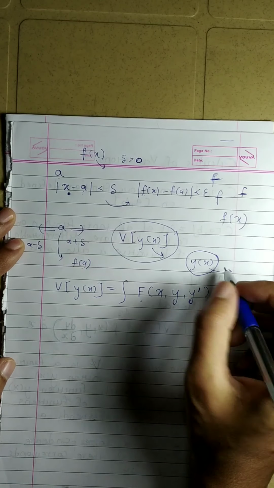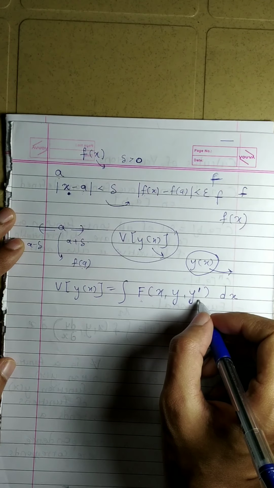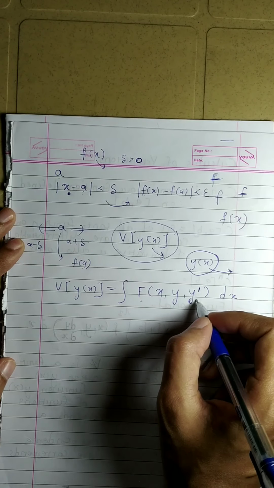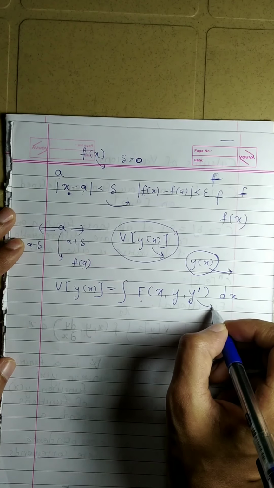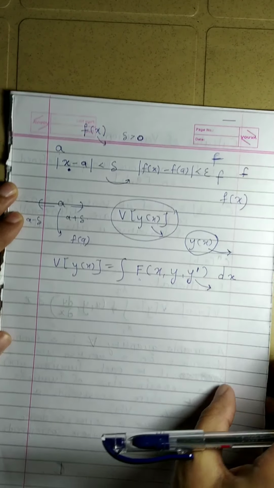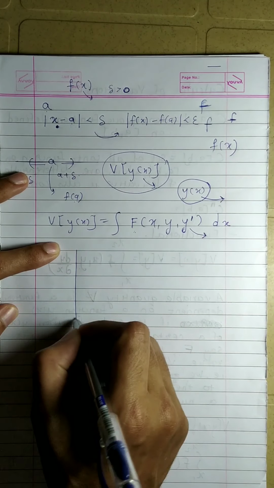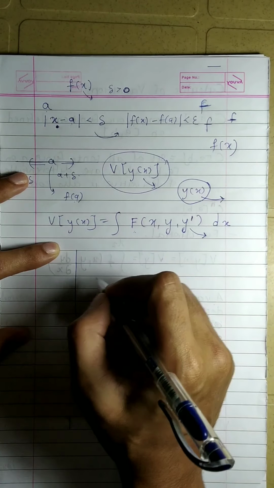Okay, so here there might be a small change, but for the y dash this may differ very largely. Okay, so a nice, standard example is there to demonstrate this.